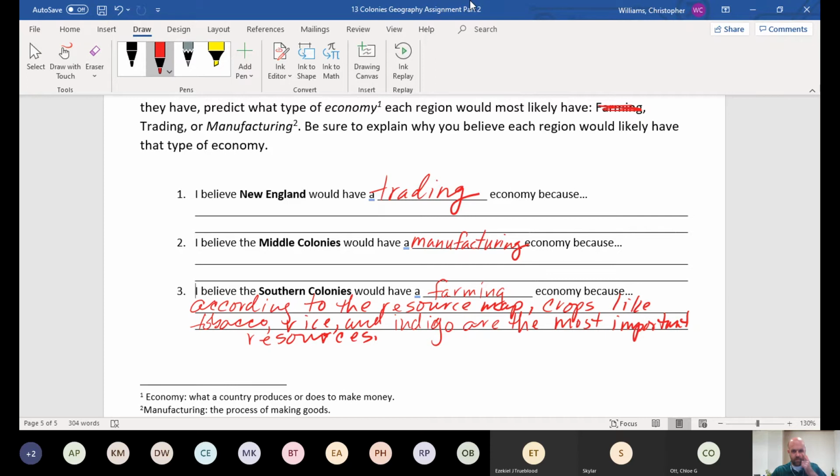Now let's go to middle colonies. I believe that the middle colonies would have a manufacturing economy because, again, according to the resource map, iron production is the most important resource.